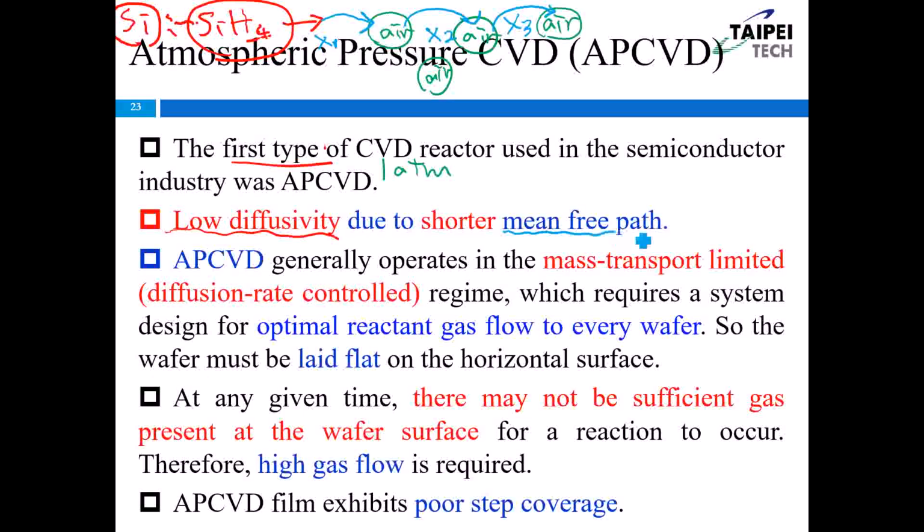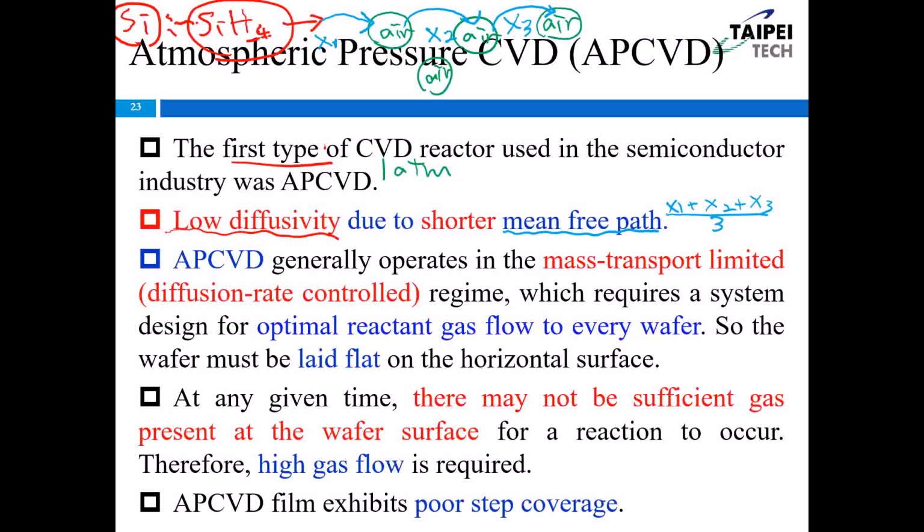So the average mean free path is S1 plus S2 plus S3, divided by 3, okay? I just want to show you mean free path. Mean free path means the average distance between 2 collisions.